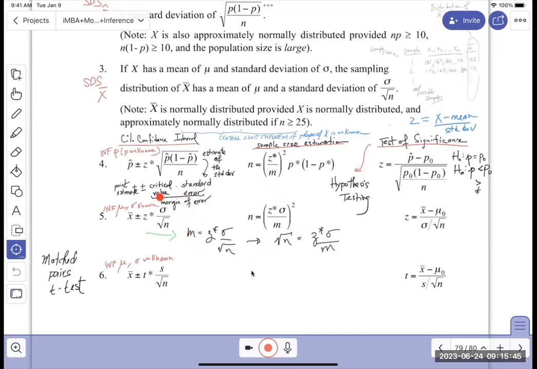I set this part to M. This is the margin of error. So let's do that.